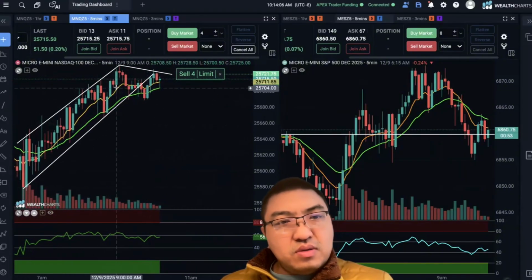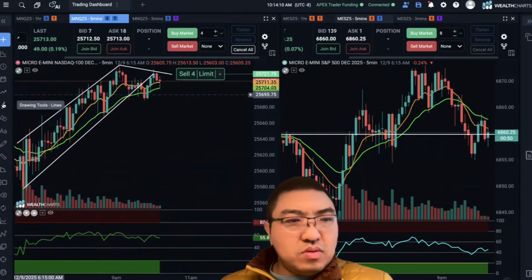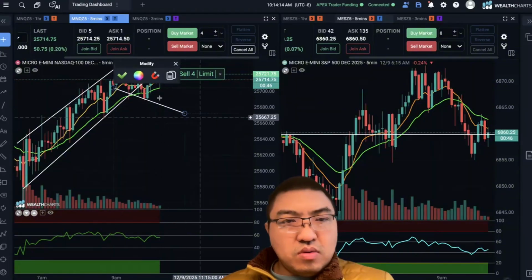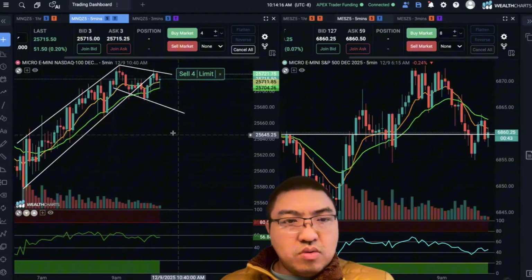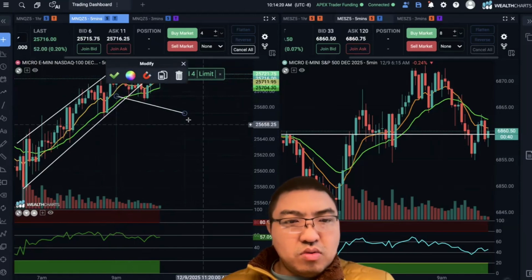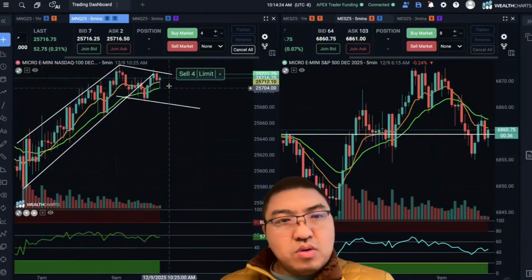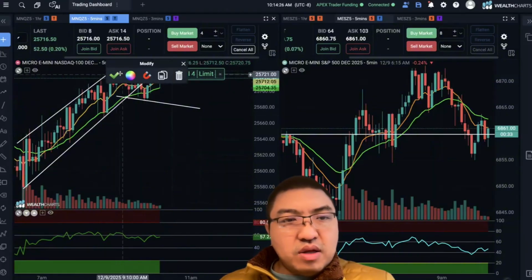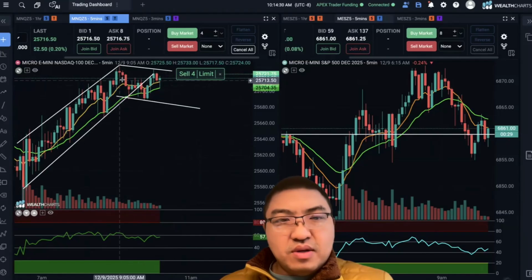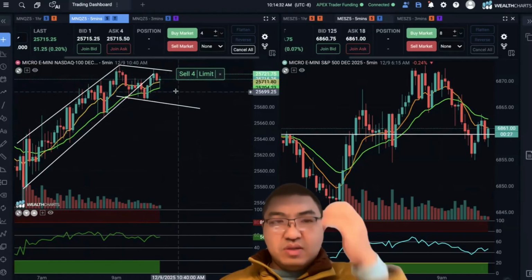And what about here? Okay, in that way, that looks like an almost parallel sideways consolidation.